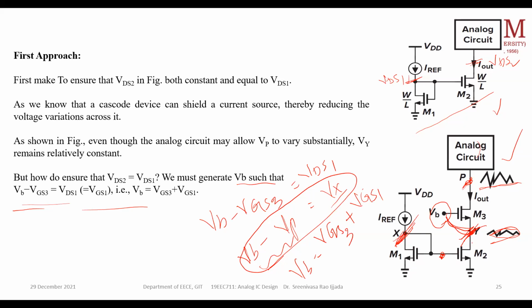This VB is equal to the potential Vx plus VGS3, and Vx is nothing but VGS1.